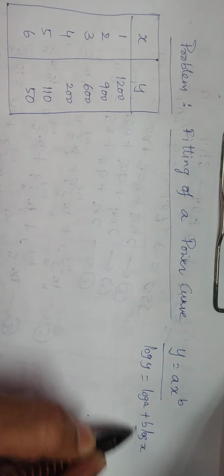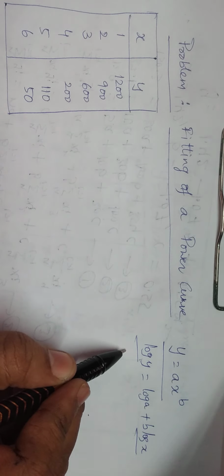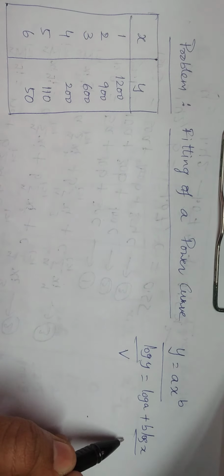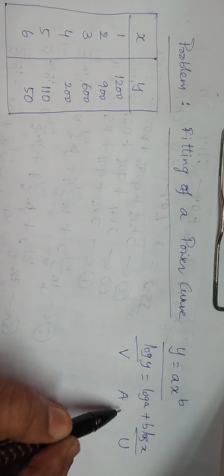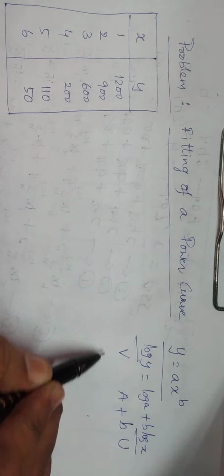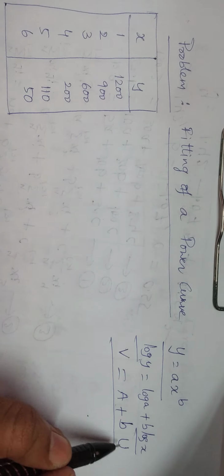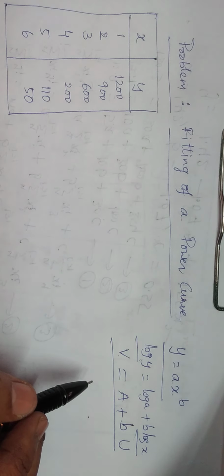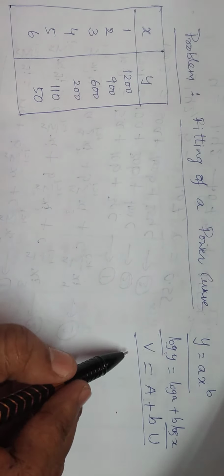If you consider log y is equal to v, log x is equal to u, and log a is equal to capital A, then this is a straight line, v is equal to A plus bu, a straight line in u and v.